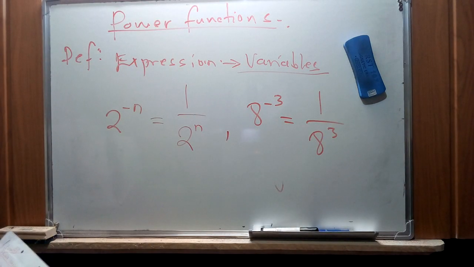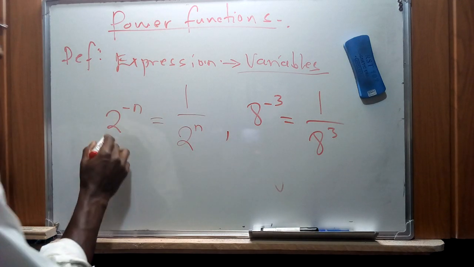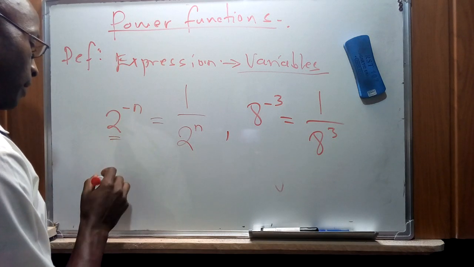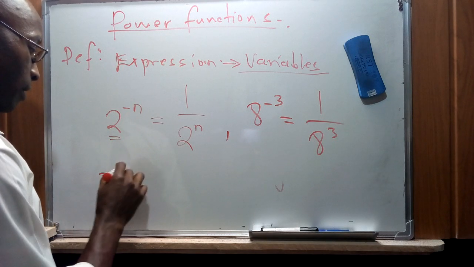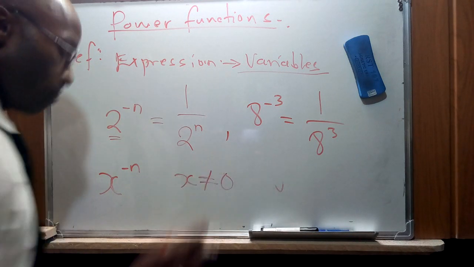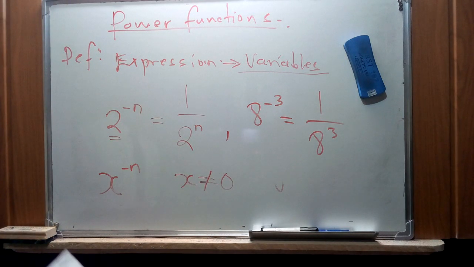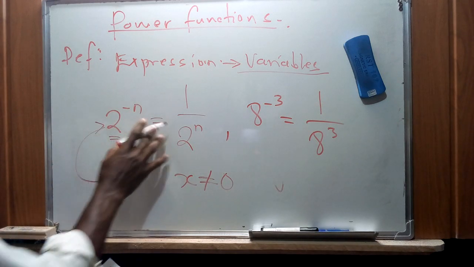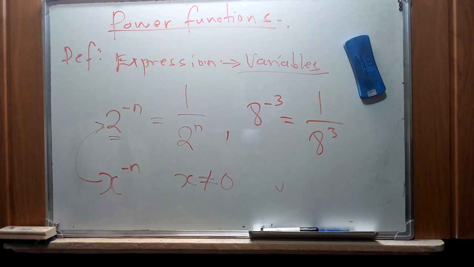Provided that the number, now suppose I write a number like x raised to power negative n, provided that x is not equal to 0, then we express this number as I've shown in these two examples, by finding the fraction of that number or expressing it in terms of that ratio.